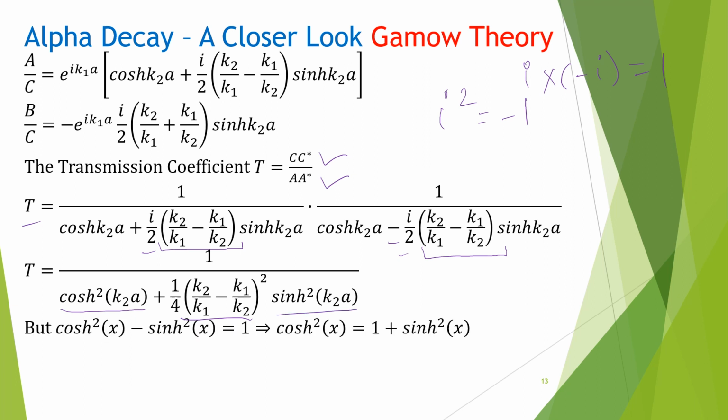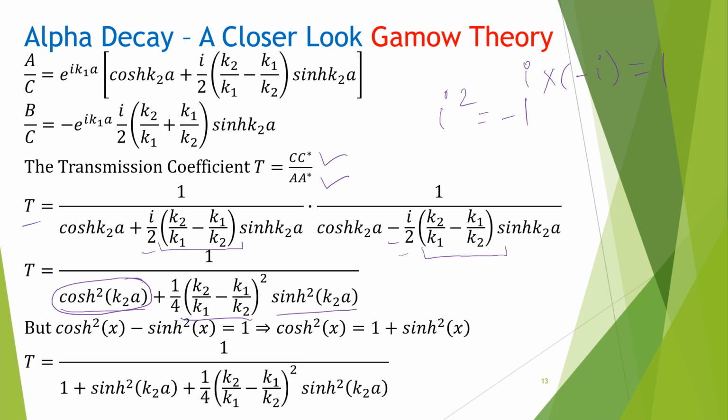Now we have the identity cos square x minus sin square x is equal to 1, so I can write cos square x is equal to 1 plus sin square x. So for this I am going to write sinh square K2A plus 1. Let us do that. So this offers us this equation.